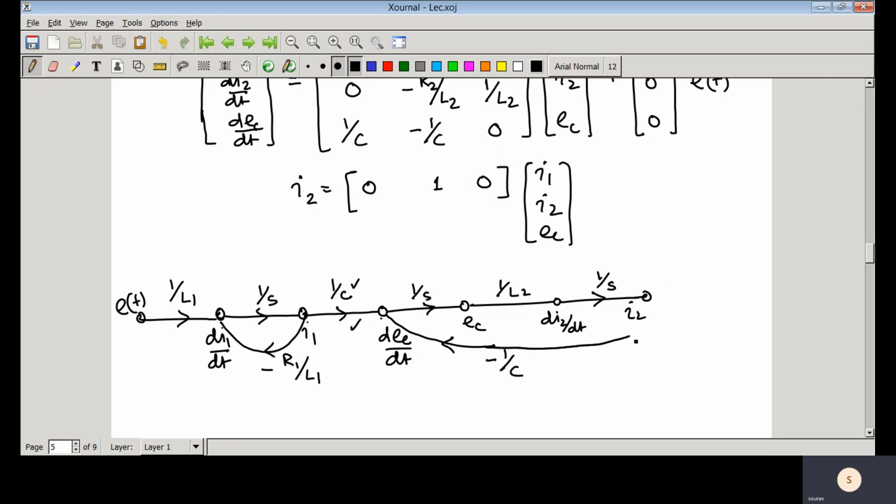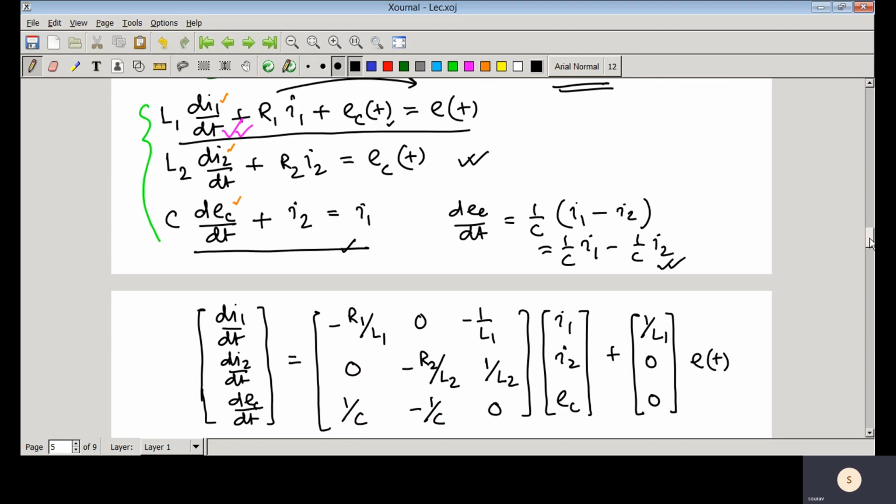So now you join this loop here, then dEC by dt equal to 1 by C I1 minus 1 by C I2. So that one is satisfied, and this is your output.